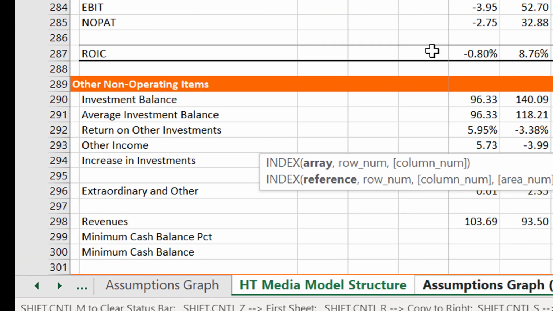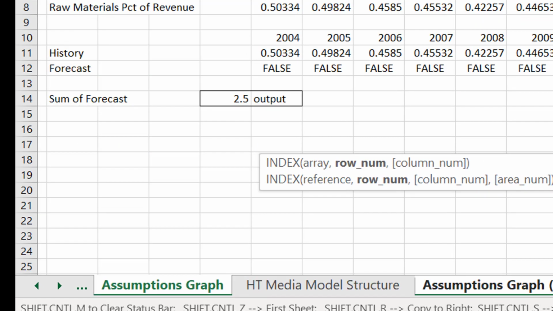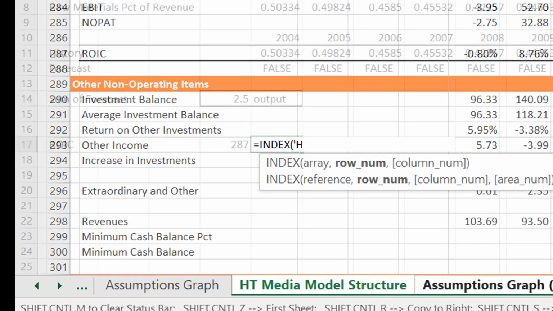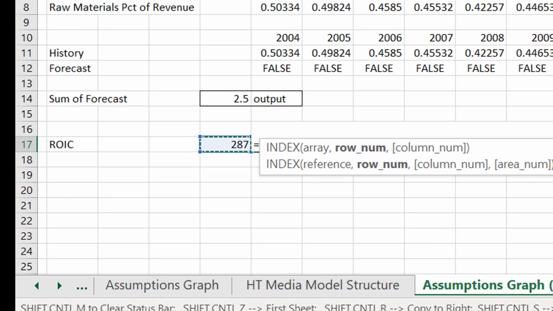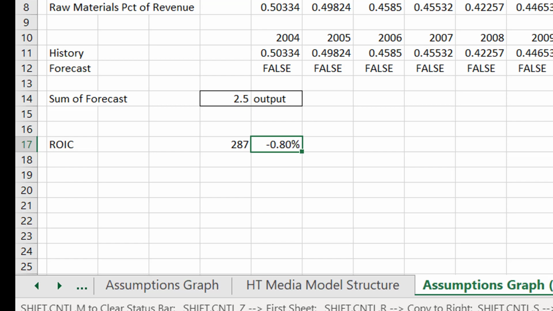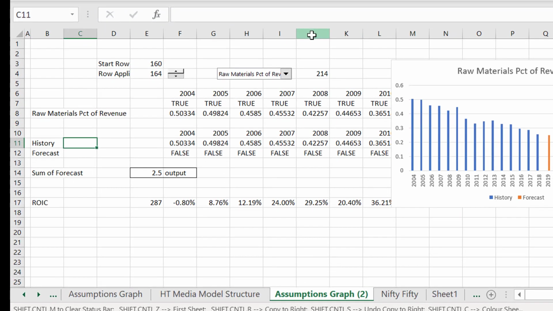And you go back to the model and go to our assumptions graph and use a row number in case this row number got changed or something. And then we have our ROIC, and then we'll make the history and the forecast as well.